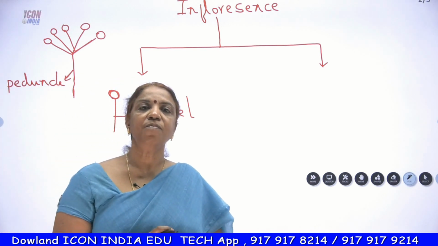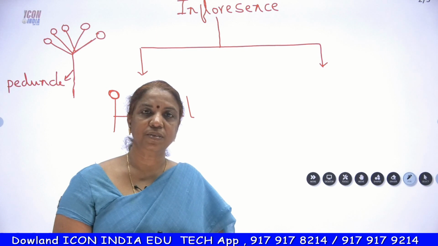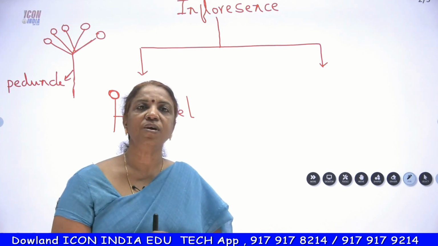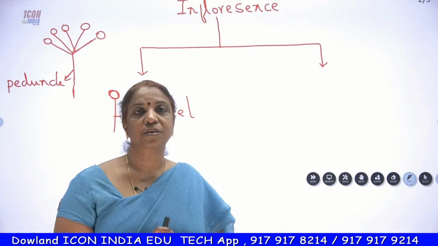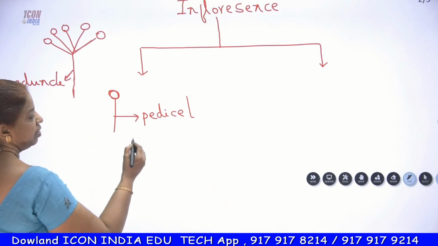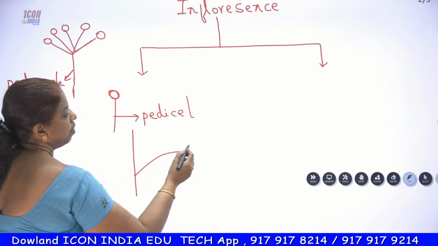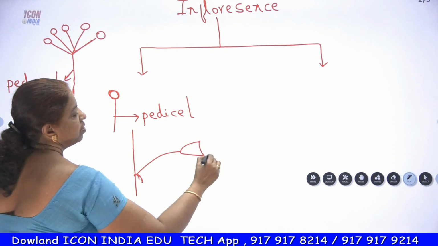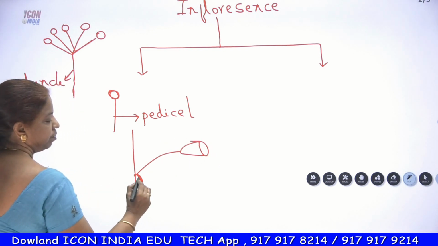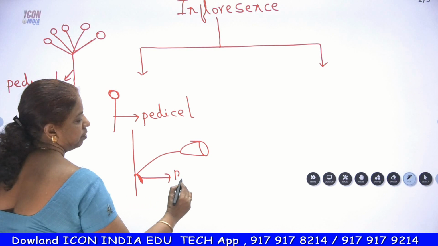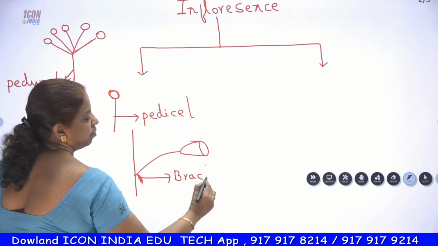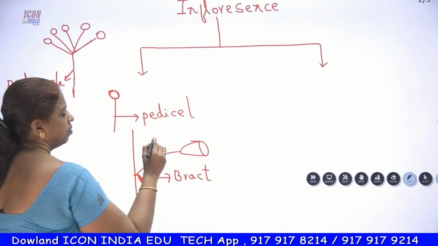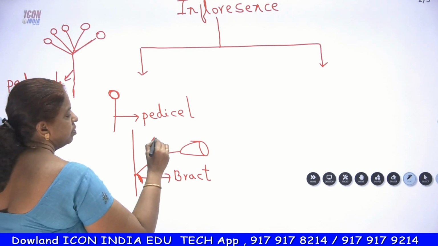The stalk of the single flower is the pedicel, the stalk of the inflorescence is the peduncle. The flower always arises from a bract. The place where the flower comes out is the bract, and this is the pedicel.